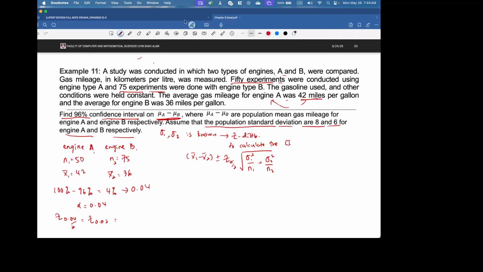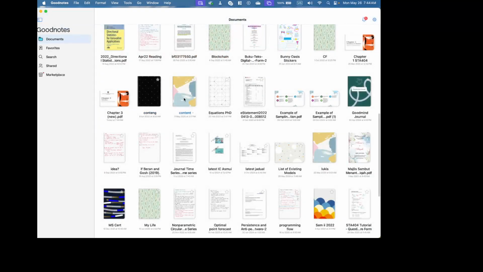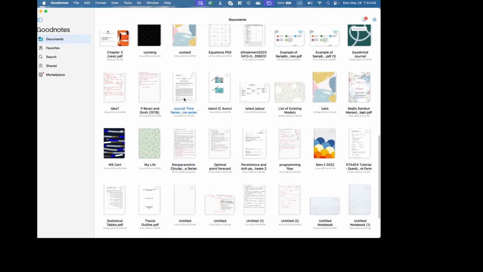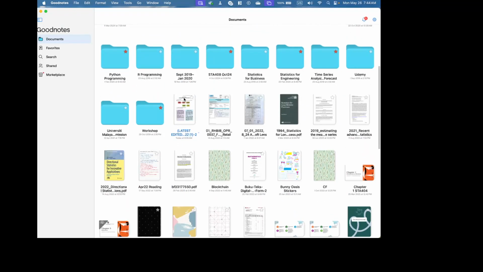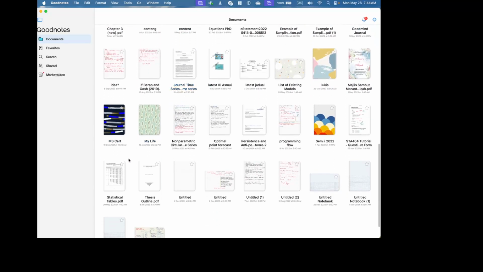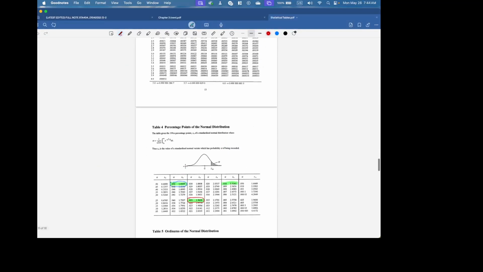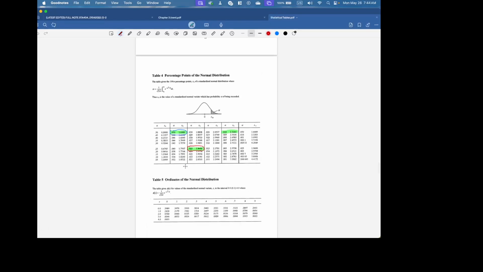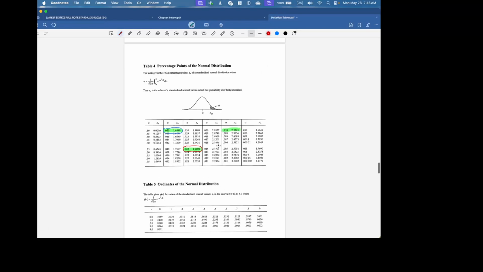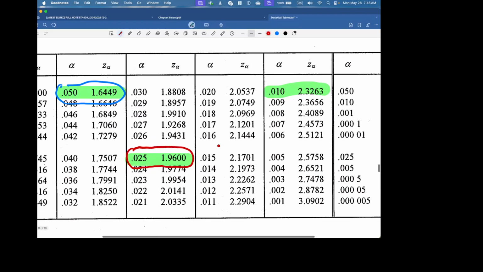Let's take a look at our table. Since it is Z, let's look at this table for 0.02.